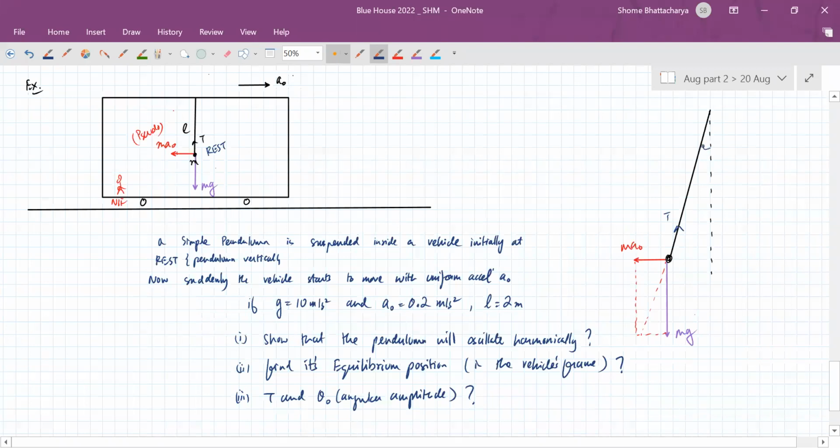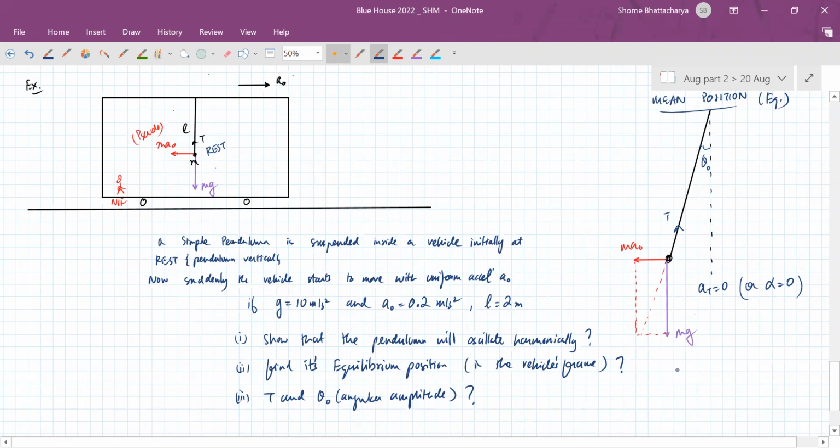If this is the equilibrium position, take this as theta naught. At this position, the tangential acceleration should be 0, or alpha should be 0. This is the mean position or equilibrium state.